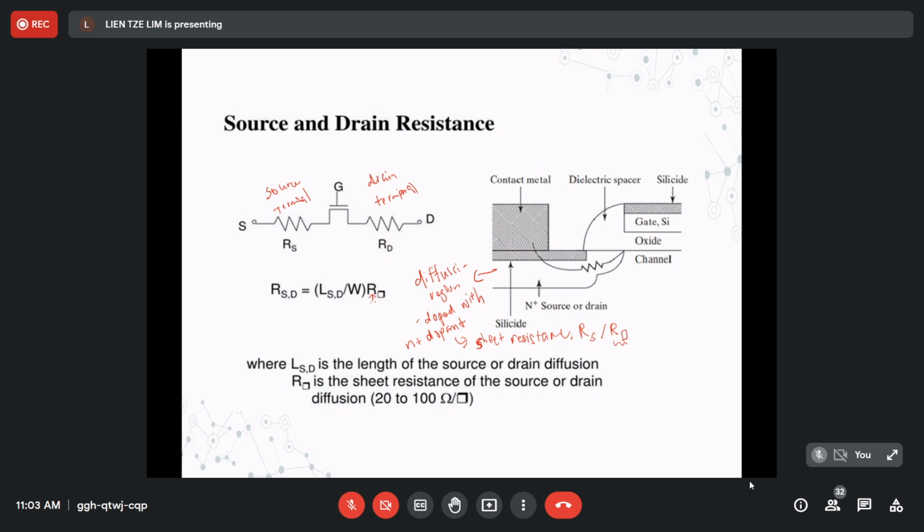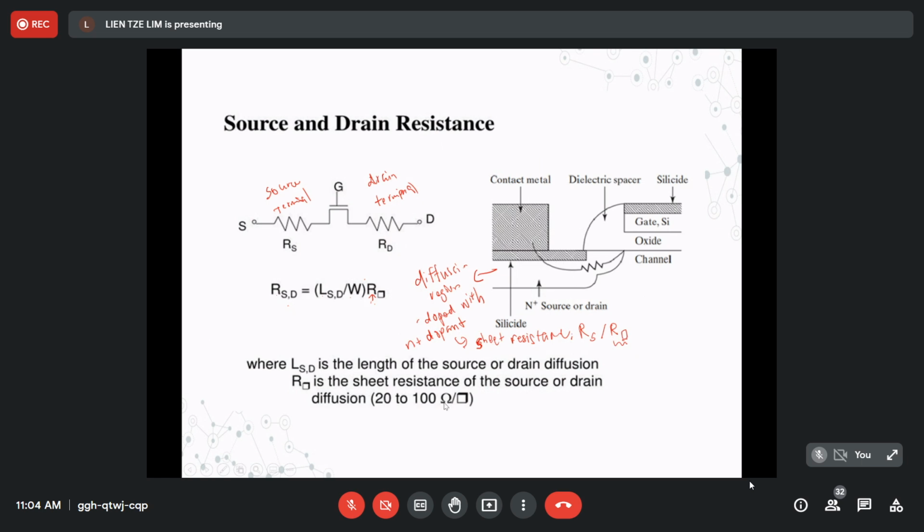Sheet resistance multiplied with the length and the width, we get the source resistance or the drain resistance. The length and the width here are the length and width of the source and drain diffusion area. The sheet resistance of the source or drain diffusions will range from 20 to 100 ohm.